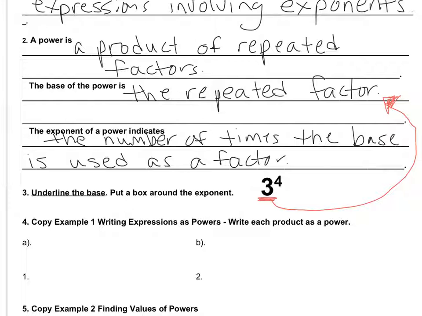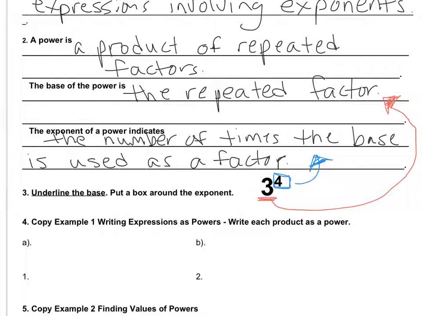Now, the next part is put a box around the exponent. 4 is my exponent, which is the number of times the base is used as a factor.